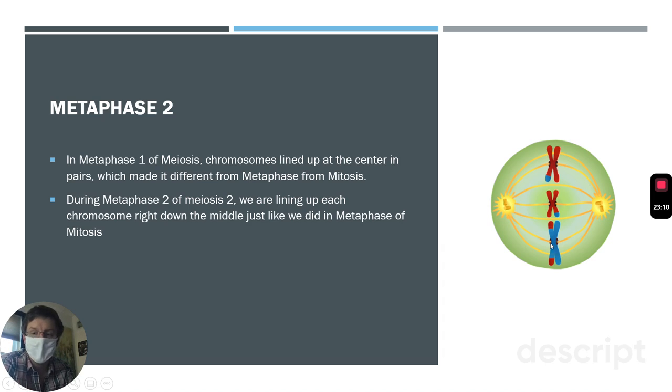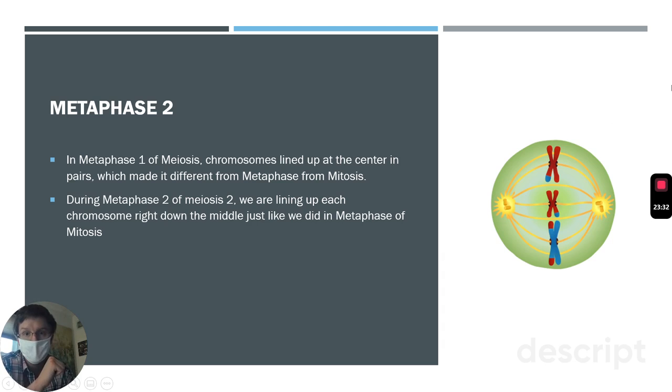I know this can get very confusing because there are literally 8 steps to meiosis. But just remember, you've got PMAT 1 and PMAT 2. That's the easiest way to remember it. You've got prophase 1, metaphase 1, anaphase 1, and telophase 1, and the same thing for 2.